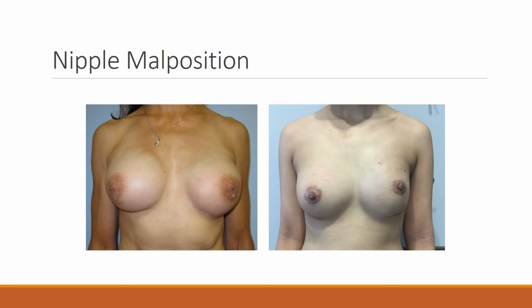However, the nipple on the left has migrated superiorly and laterally. This is a very difficult problem to overcome, and if it's that bothersome, some may even recommend removing the nipples and then having them tattooed into the correct position.